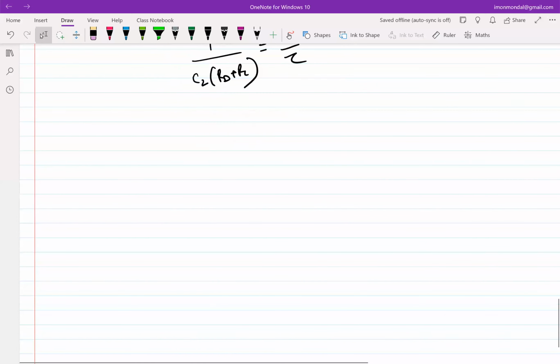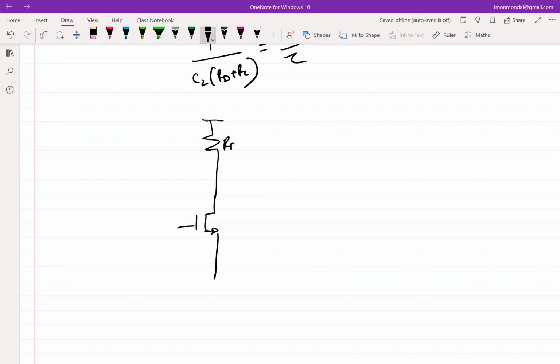Before we stopped in the last class, I made a comment that ultimately I would want all the incremental current to flow into the load. This is Vi, this is incrementally Vi again.